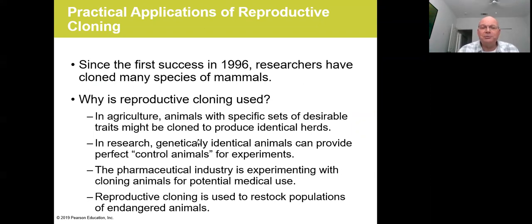So in some cases, it's been used to clone animals that had traits that were valuable. So one of the very early cloning procedures that was carried out after the cloning of Dolly was to take tissue from a cow that produced a lot of really high quality milk and a high volume of quality milk, and try and clone that cow to produce a herd that had those characteristics.